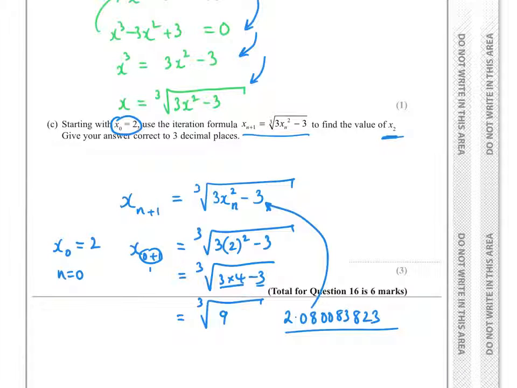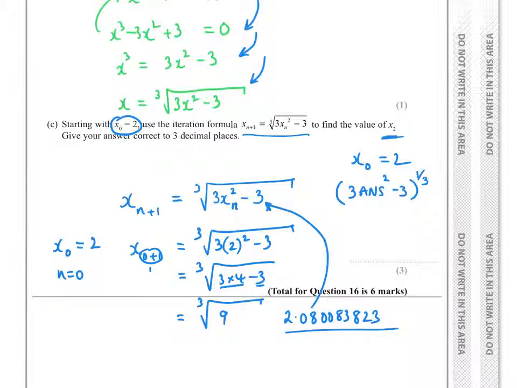There is a quicker way. You can just type in 2 on your calculator. So 2, press enter, and then that's the answer stored into your calculator. And then all you need to type in is 3 lots of ans squared minus 3, to the power 1/3. So I'm going to do that now.